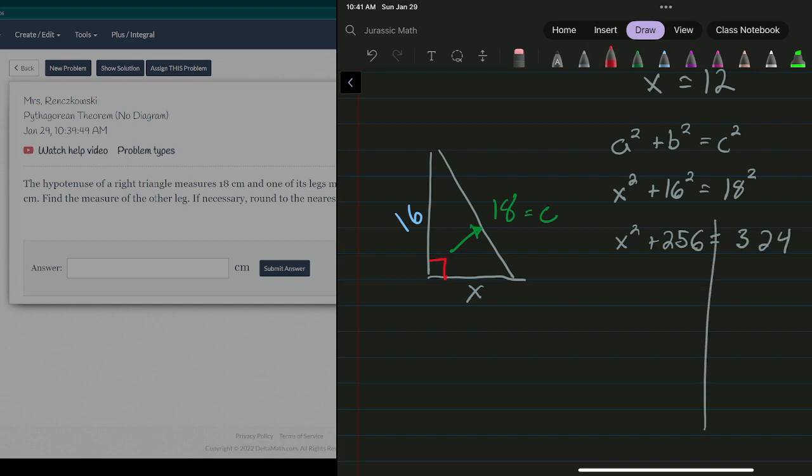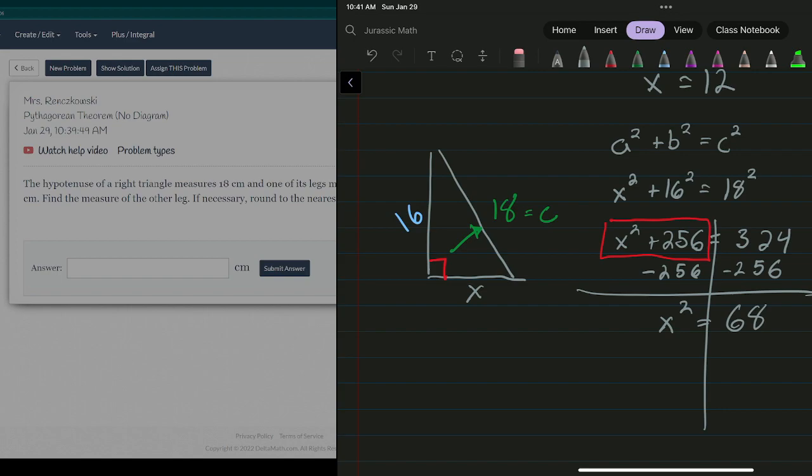So there's my line. There's my house. We need to subtract 256. We get x squared equals 68.